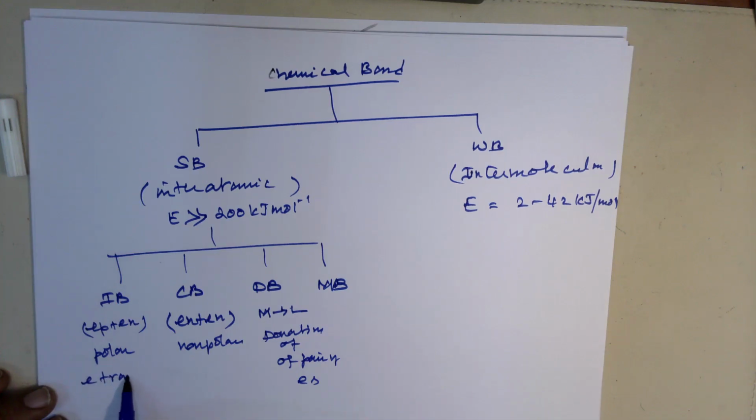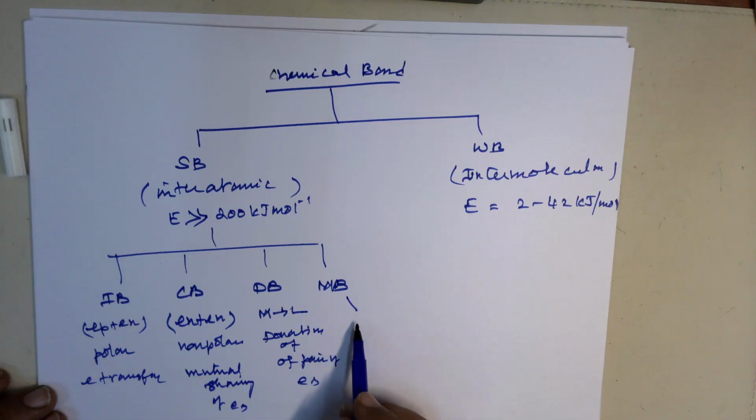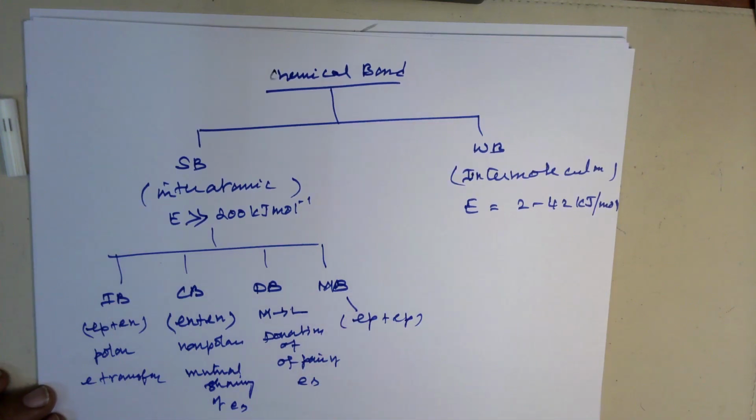Here, in the covalent bond, it is a mutual sharing of electrons. Then what about the metallic bond? That is electropositivity plus electropositivity.